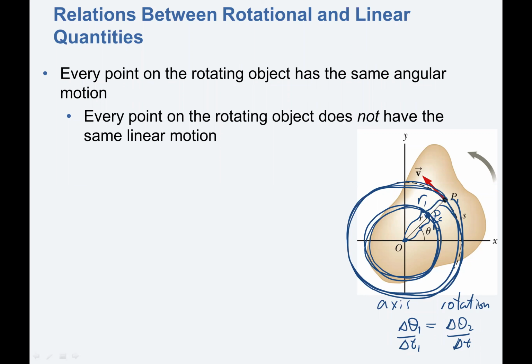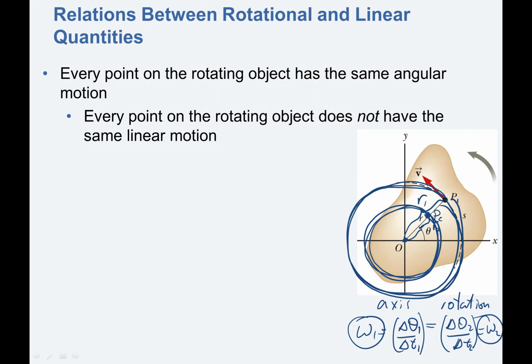So delta theta 1 over delta T1 gives me omega 1, which is the angular speed of particle 1, and this gives me the angular speed of particle 2. Because delta theta 1 is the same as delta theta 2, and delta T1 is the same as delta T2, omega 1 and omega 2 are the same as well. That means they have the same angular motion, the same angular velocity and everything like that.